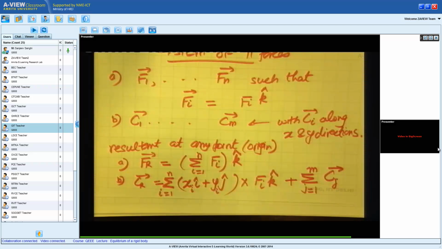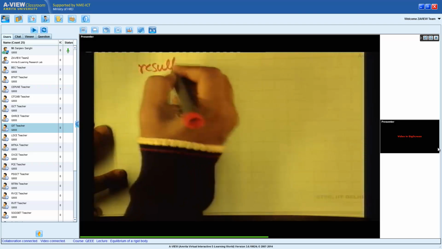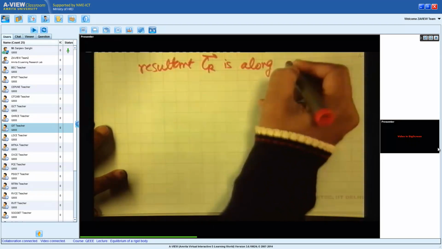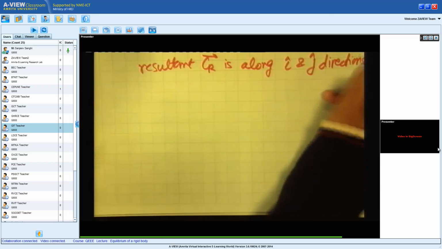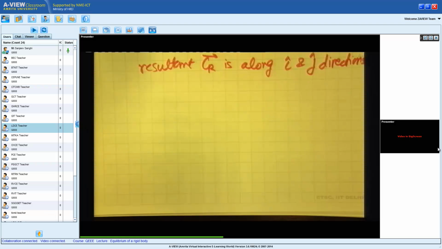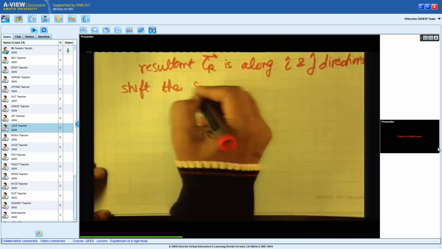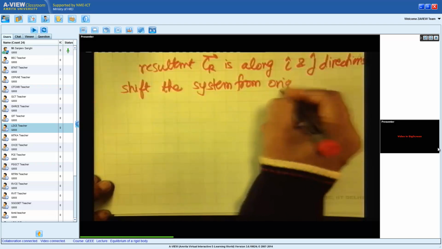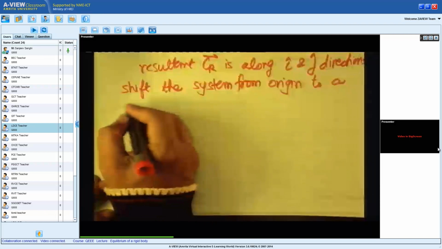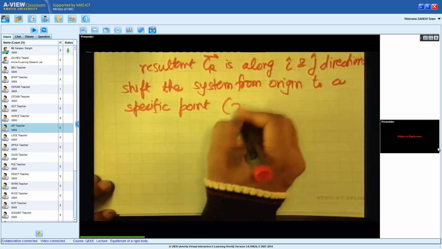That means the net resultant Cr for this system is along i and j directions. So now what I can do is I can shift the system from origin to a specific point, and this point now is a single point.